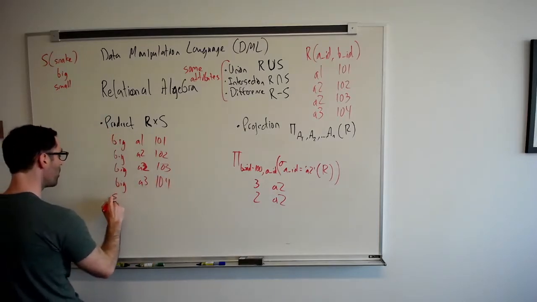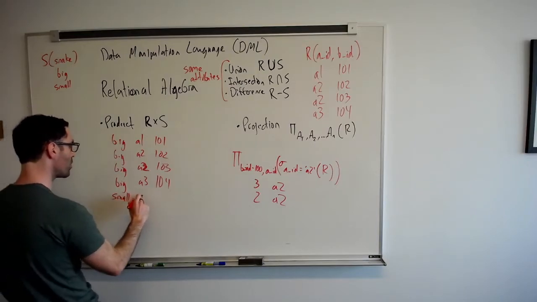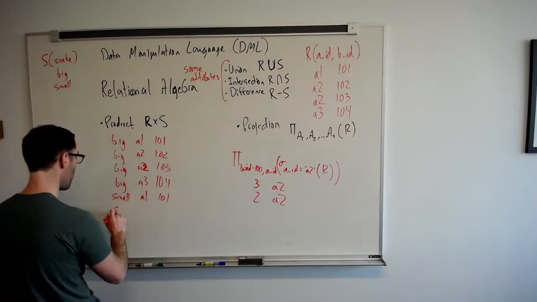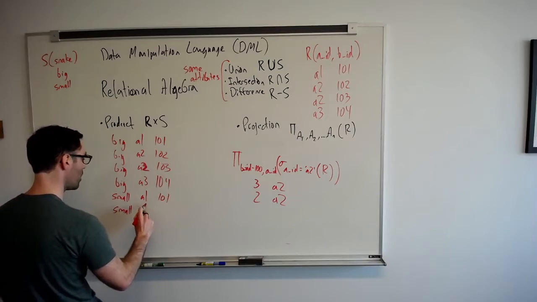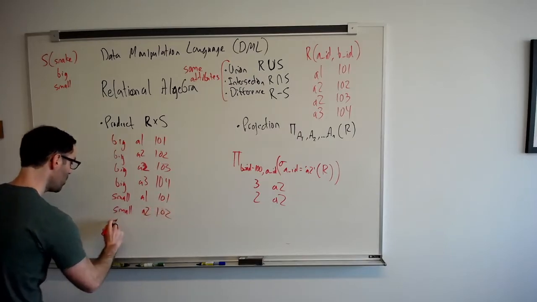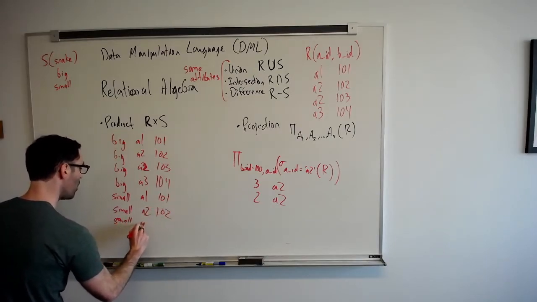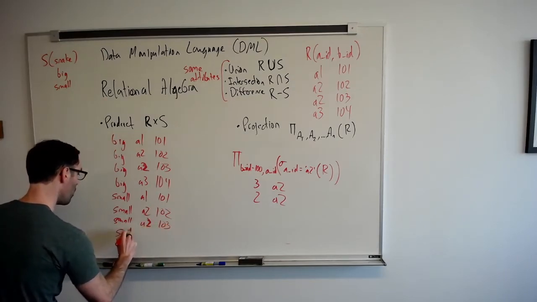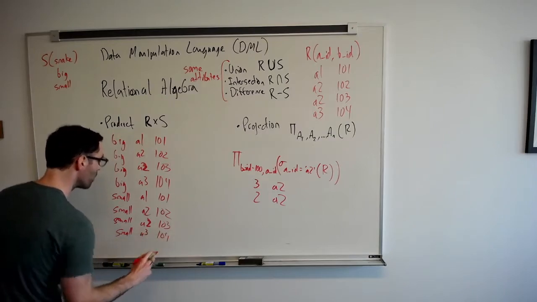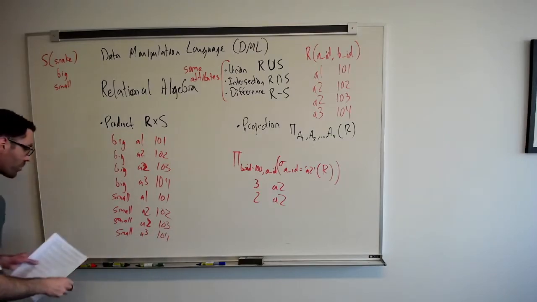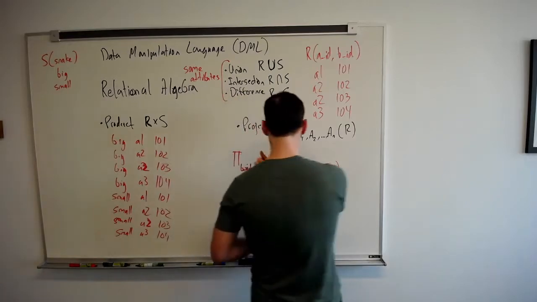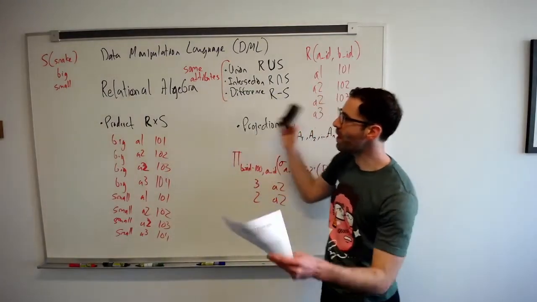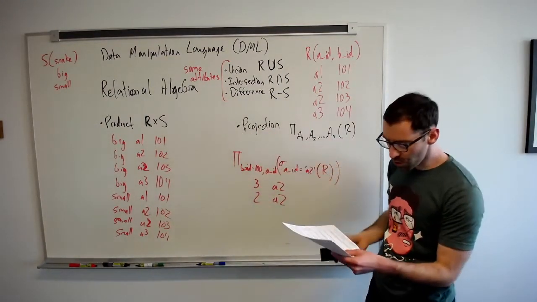And then we'd have the same with small to get all possible combinations: 2 small A2 103 and small 3 104. All right, so product is a way to get this combination of two relations.